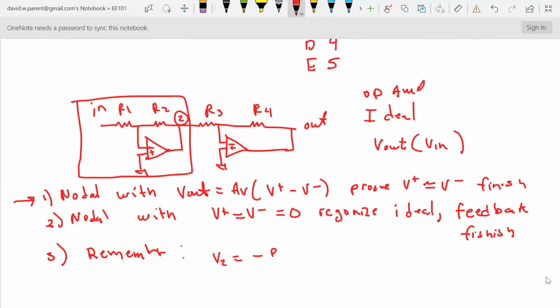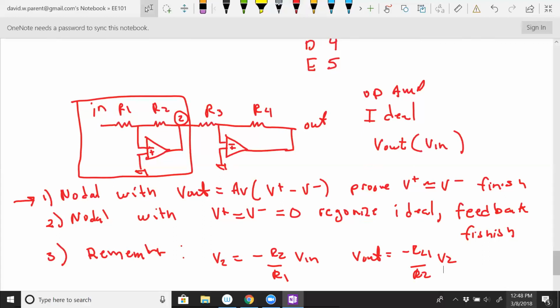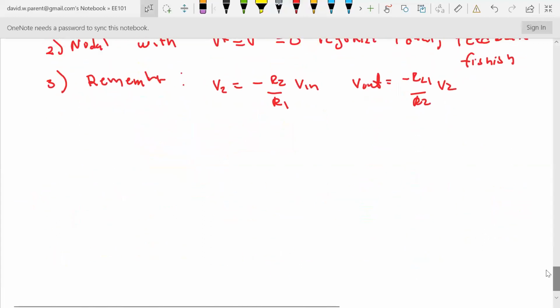V2 equals minus R2 over R1 V in, and V out equals minus R4 over R3 V2. Well, then V out equals minus R2 R4 over R1 R3, excuse me, minus.